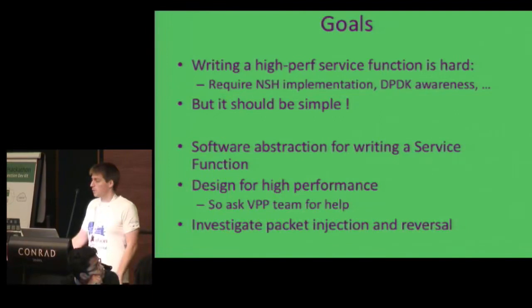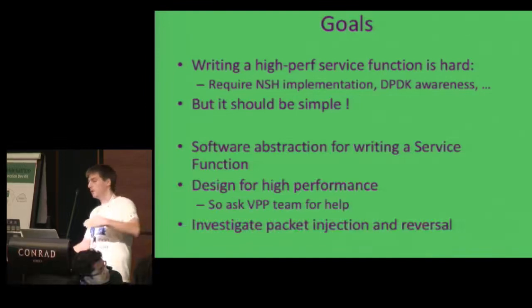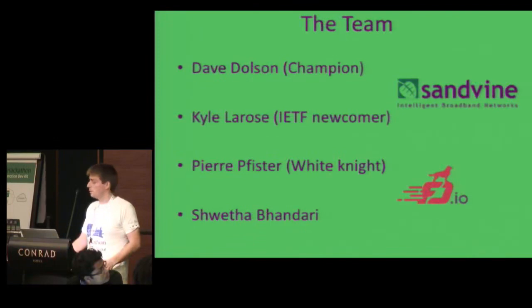The two we wrote were a simple count application, which just counts the packets that are coming in, and a service function that sends out resets, which combines two important concepts: the ability to inject packets into a path and the ability to reverse packets. So say it's coming in one direction, I want to send a packet backwards through the service functions that preceded it. So the team, as I introduced, Dave, myself, Pierre, and Shweta.